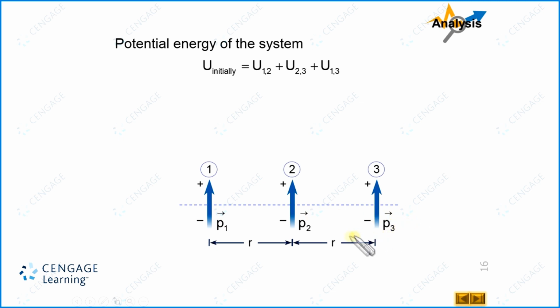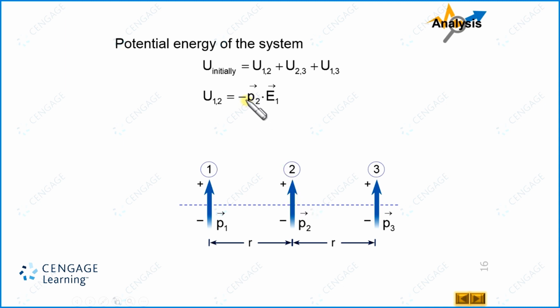Now let us consider the potential energy of 1 and 2. Let us write U12 equal to minus P2 dot E1 vector, the potential energy associated with the second dipole because of the electric field of the first dipole.